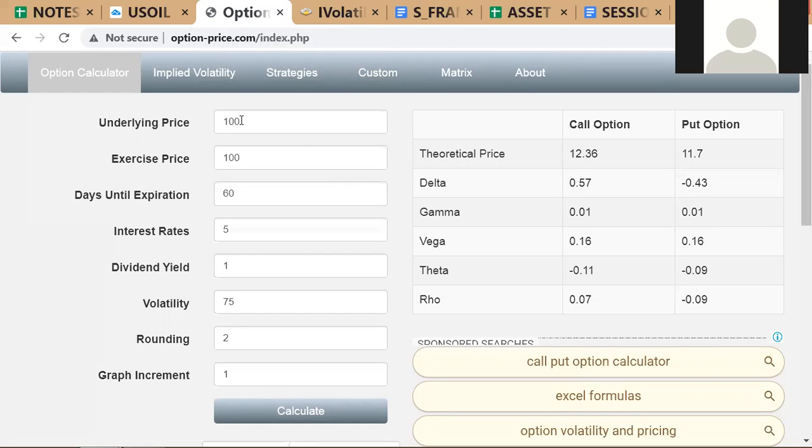This I've not explained to you properly, but effectively, the underlying asset has 100 delta, whereas the call option has a 57 delta and this put has a 43 negative delta, and the underlying asset has a 100 delta. Not because the price is 100, but relative to these two, it's 100%.